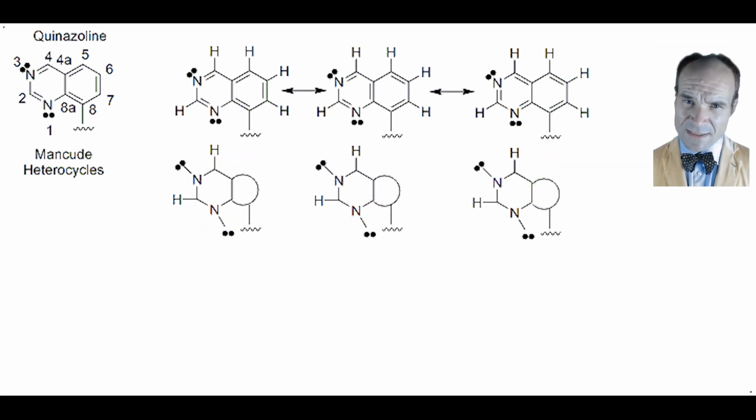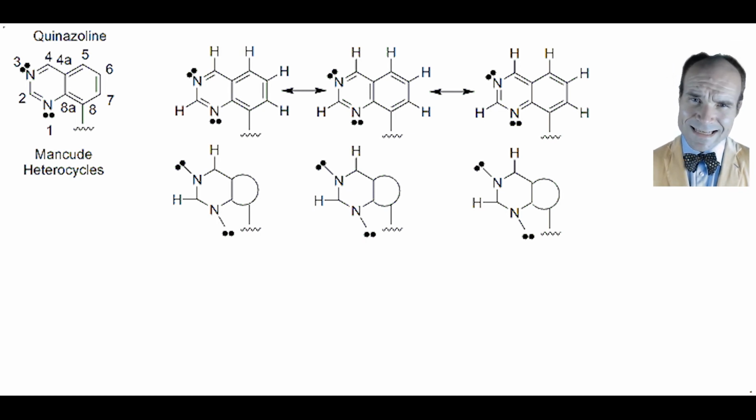Here is a representation that just focuses on the areas that vary between quinoline and this quinazoline. As we will see, the areas to focus in on are positions 2 and 4. Position 8A is the same for both molecules, and we will not dwell on it here.